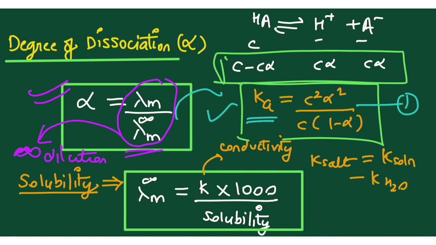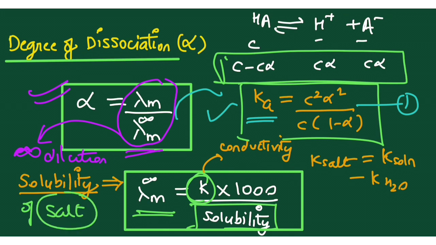Okay, very important. Now, related to solubility. If I have lambda m infinity and kappa, we can calculate the solubility of a sparingly soluble salt like this. Okay, sparingly soluble salt. We calculate the solubility of the salt. So if the kappa, that is conductivity, is given for the solution, then you will have to subtract the kappa for water.